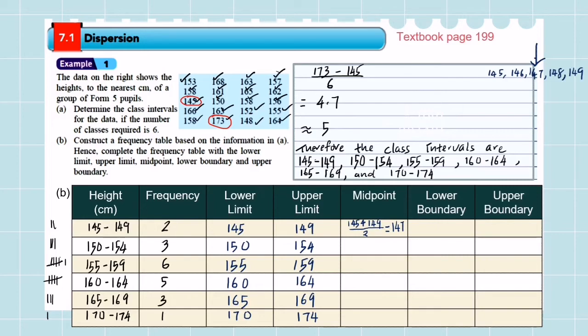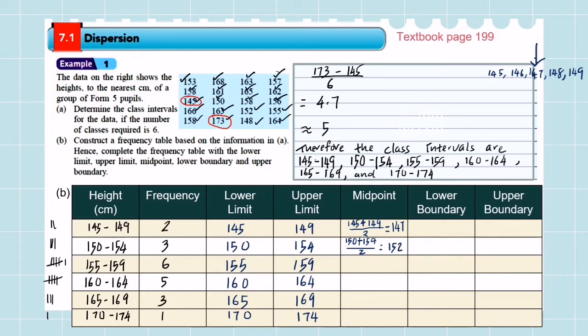Okay, same as the second row, 150 plus 154 divided by 2 equals 152.